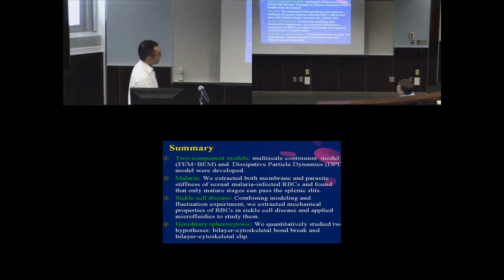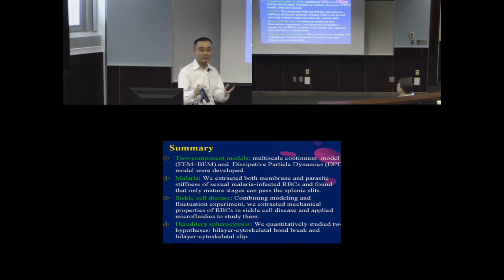Here is a summary of my presentation. First, I described our two-component model. We implement it in both a finite element continuum model and a DPD model. For malaria, we extract both the membrane stiffness and the parasite stiffness, and we found that only the mature stage can pass the spleen. For sickle cell disease, comparing experiment and modeling, we extract the mechanical properties of the red cell in sickle cell disease.